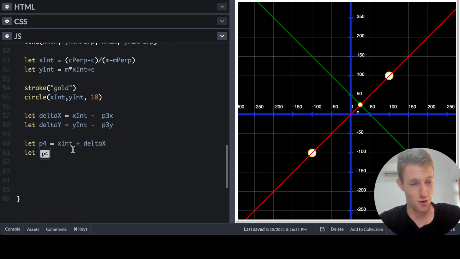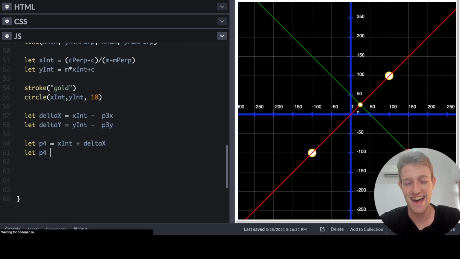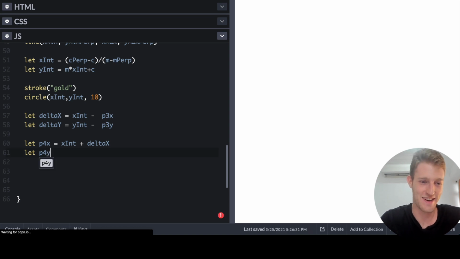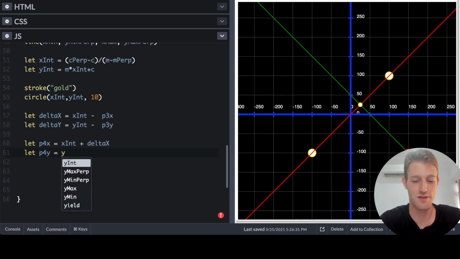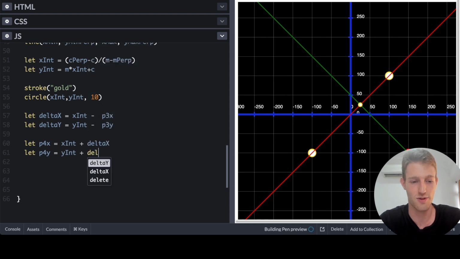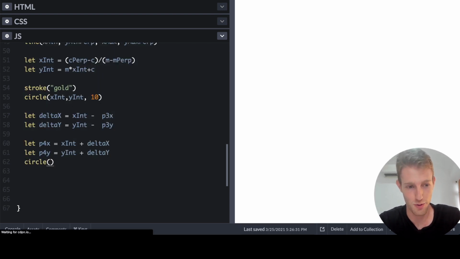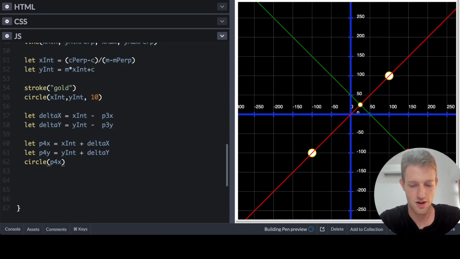We're just going to call it P4. Okay, P4x and P4y. And then the P4y is simply going to be our y-intercept plus delta y. And now if we draw that point, we will be able to see that. So I'm going to go P4x, comma P4y, and we'll go 20.